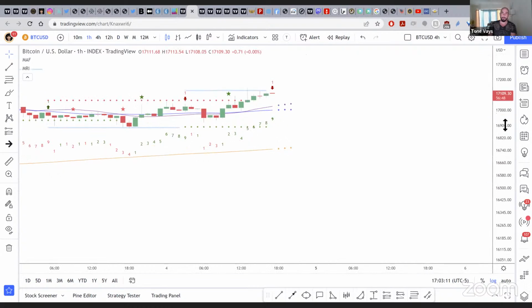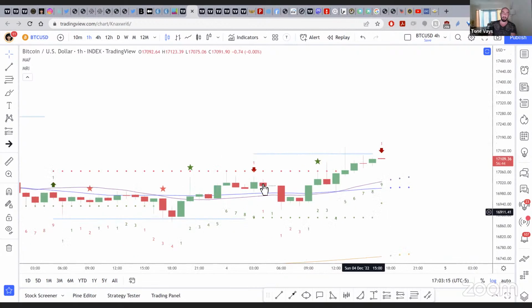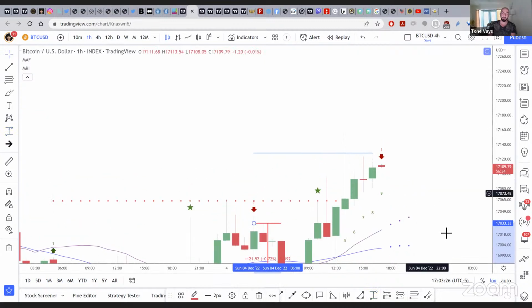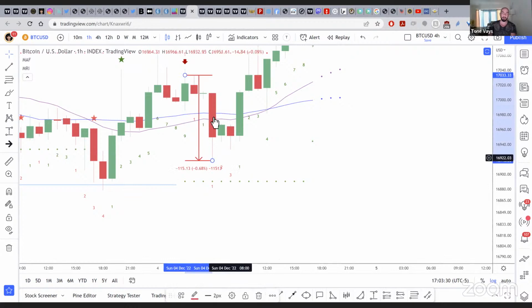Hourly chart. Oh, look, hourly chart is on an MRI sell. The last time we had an MRI sell, the market pulled back. Not much, 120 bucks. Nah, it's not a lot. $100 we pulled back.